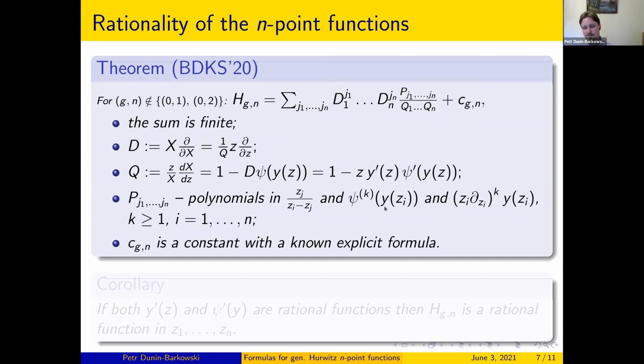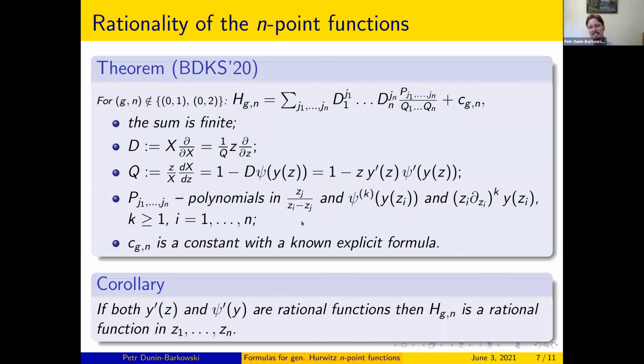But what we do get is actually more than that. We not only prove that they are finite rational expressions, but we also give explicit formulas for this H_{g,n} in terms of sums over graphs. But let's study this form first.